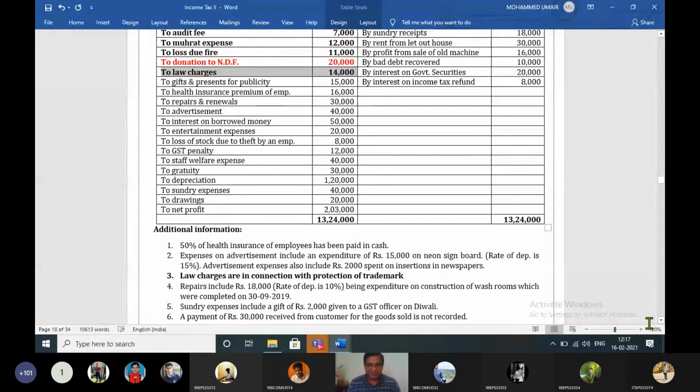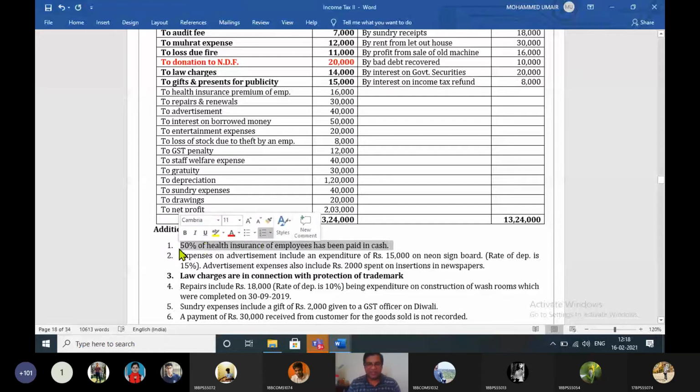Gifts and presents for publicity, and publicity creates sales. So therefore, this is also in connection with business. Next, you have health insurance premium, 16,000. And it says 50% of the health insurance of employees has been paid in cash.